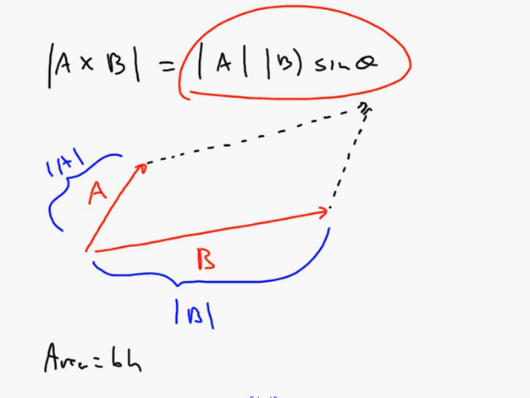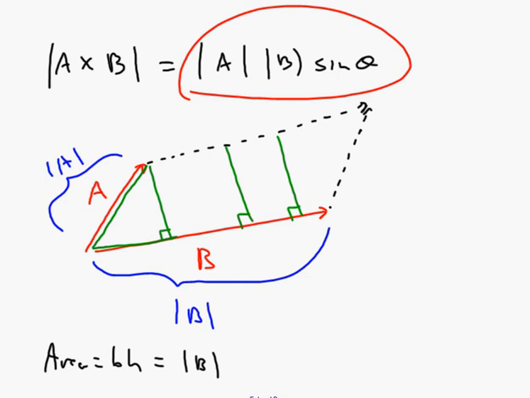The base of our parallelogram I'm going to let be norm B. And I just need the height. The height is this perpendicular distance right there. I could have drawn it anywhere, over here or over here, but I put it in this location because I wanted to see a nice right triangle.